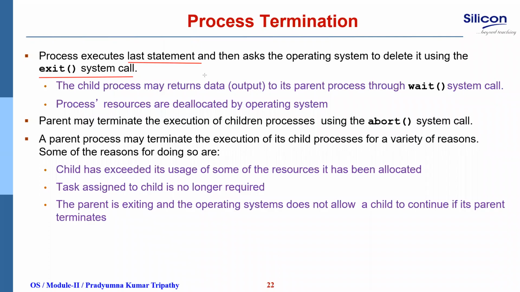The child process may return data to its parent process through the wait system call. The process's resources are deallocated by the operating system. When it is terminated, the resources allocated to the child process are no longer required, so they will be deallocated by the operating system.